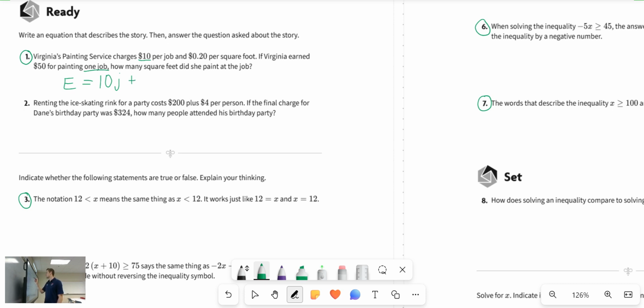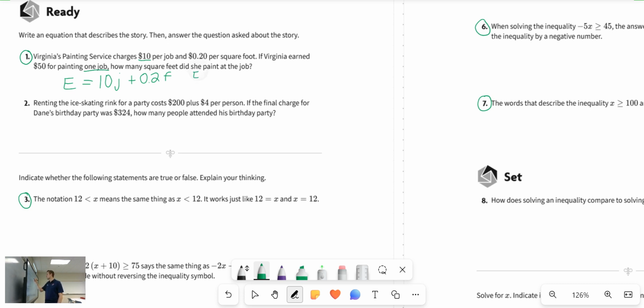So let's go with plus 0.2 per square foot. So let's use F as our foot marker there. So 10J plus 0.2F. If Virginia earned $50 for painting one job, how many square feet did she paint at the job?